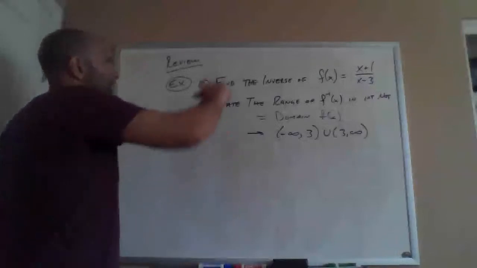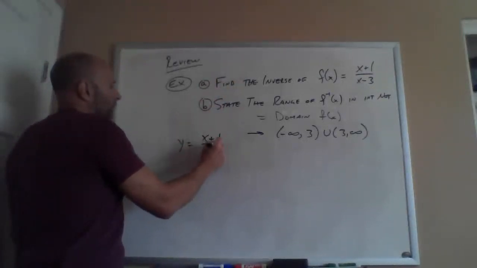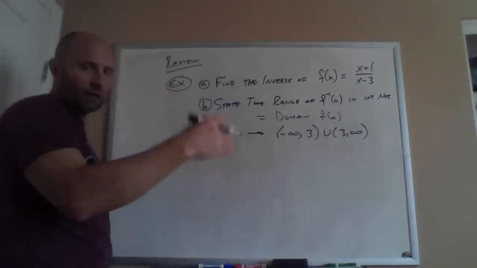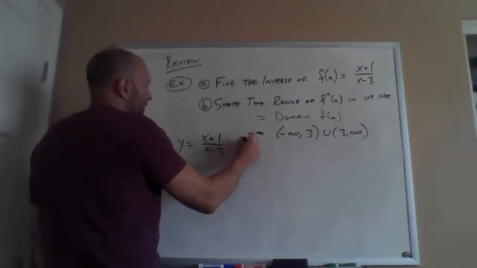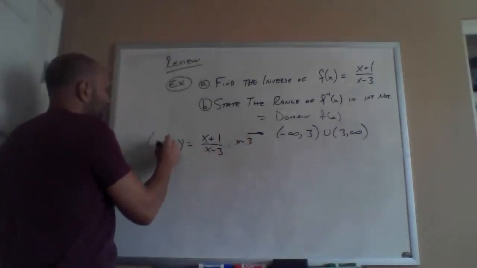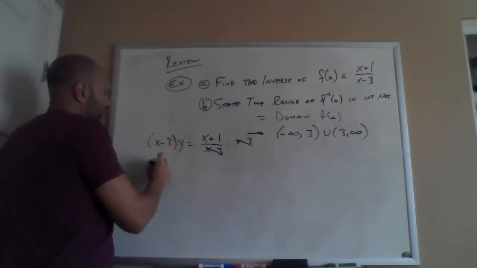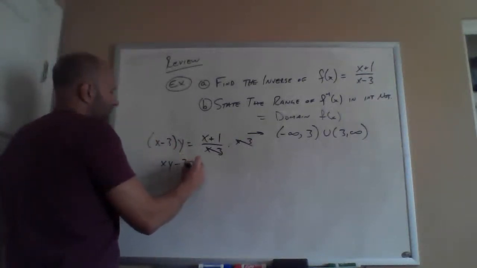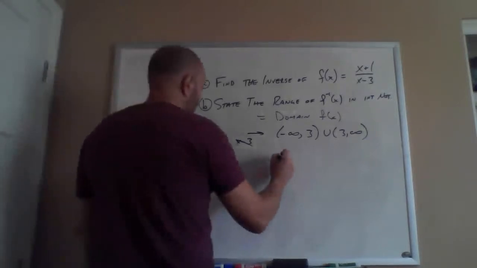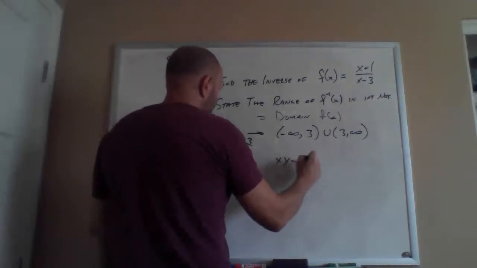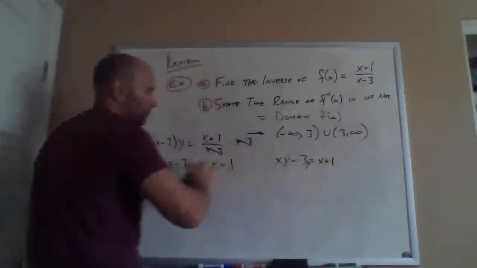Now for the inverse itself. Y is equal to x plus 1 over x minus 3. Again, it's those 5 or 6 steps that I gave you. First, multiply both sides by the denominator. Next, distribute the y. I'm going to work this twice, depending which way you moved it.